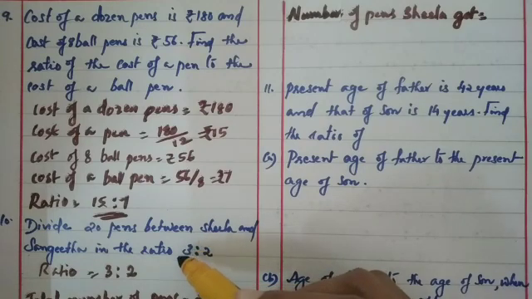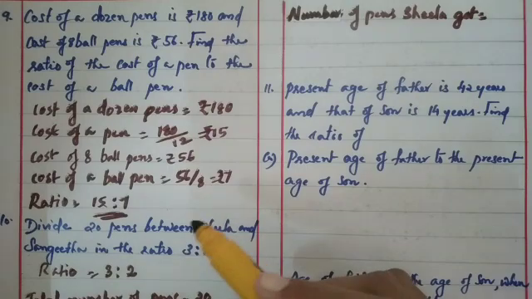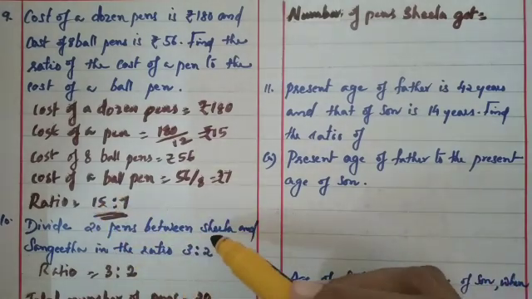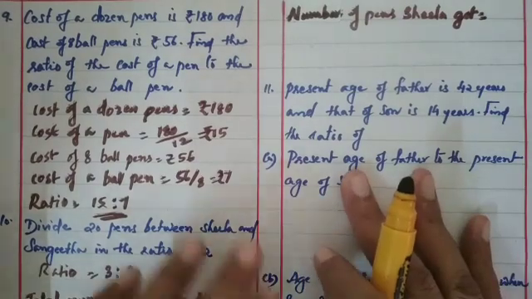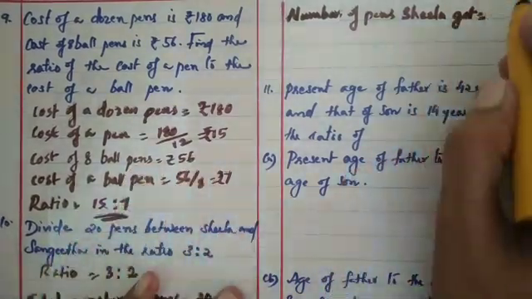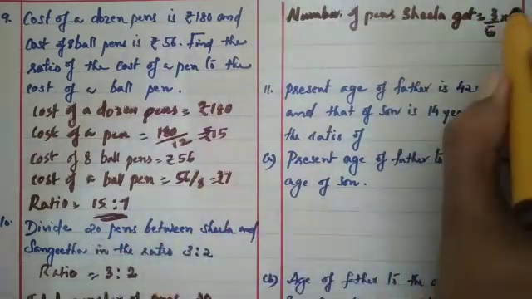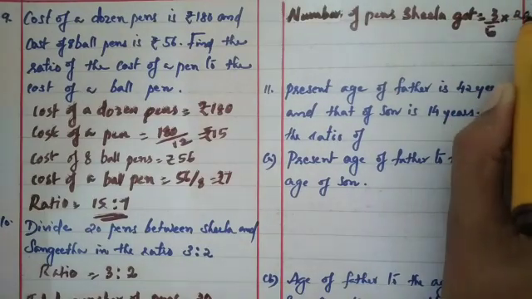Out of 5, which is 3 plus 2. 3 parts are for Sheila and 2 parts are for Sangeeta. You have to find out the number of pence: 3 parts of the total 5, out of how many pence? It's 20 pence. Here total 20 pence.